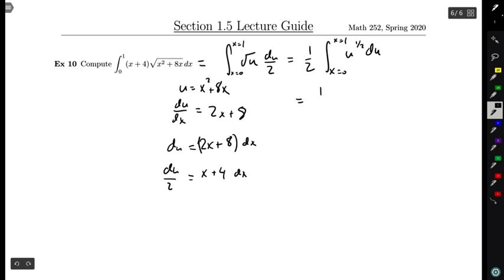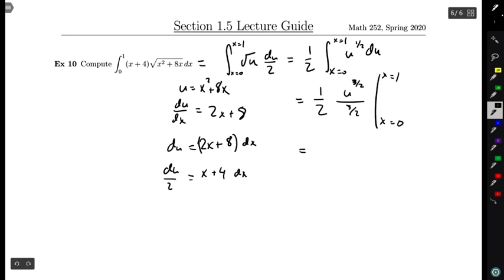So this is equal to 1/2 times, we want to increase the exponent by 1, so 1/2 plus 1 is 3/2, and we want to divide by the new exponent, so divide by that 3/2, and we want to evaluate again from x equals 0 to x equals 1.